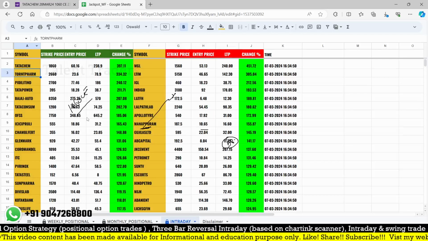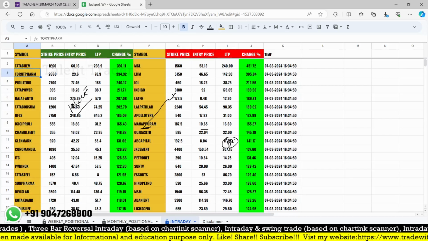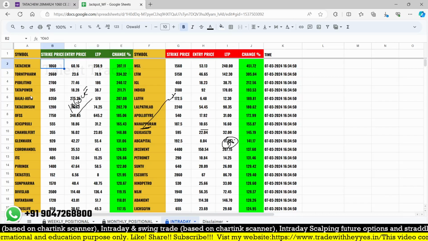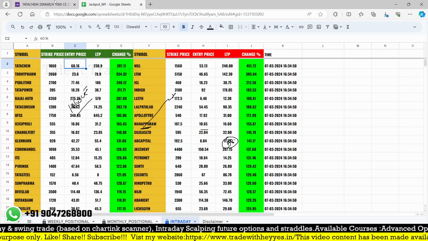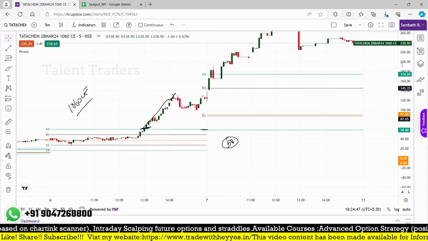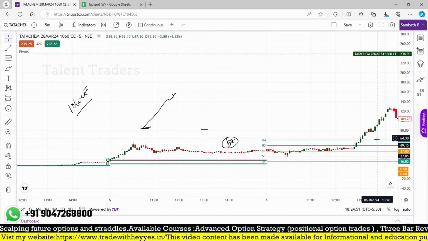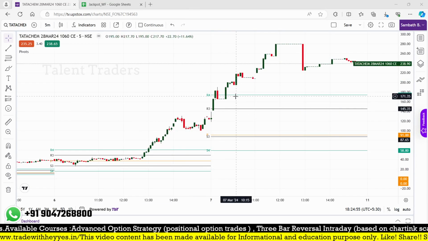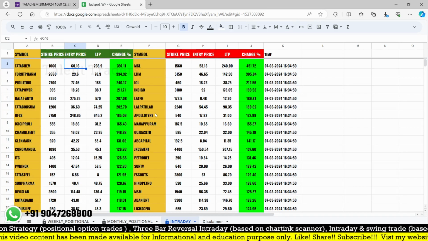The data we are looking at here is yesterday's data, Tata Chemical 1060, yesterday's strike price. 60.16 is the previous level breakout, and 60.15 is yesterday's R4 level. But for the same strike price, today's R4 level is 174. Whatever data is shown is about yesterday's data.